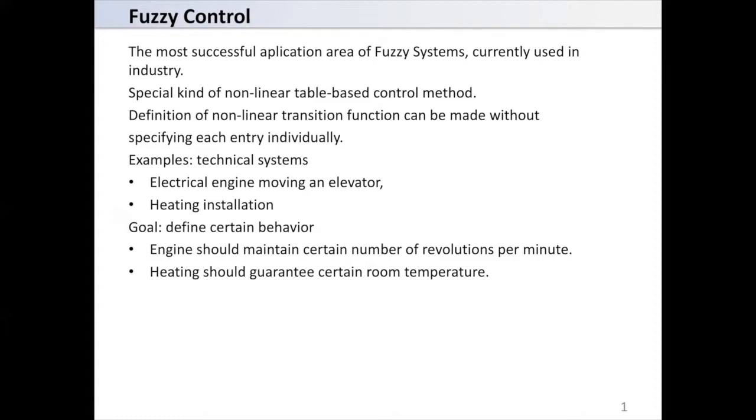Examples are technical systems such as an electrical engine moving an elevator or a heating installation. The goal is to define a certain behavior. For example, for the elevator, the engine should maintain a certain number of revolutions per minute. Or for the heating installation, heating should guarantee a certain room temperature.